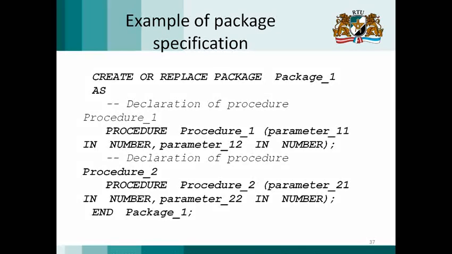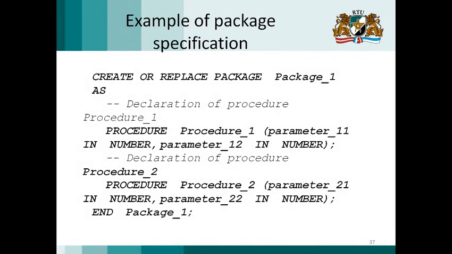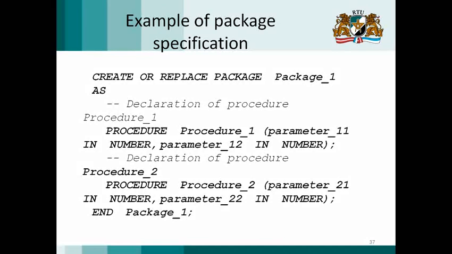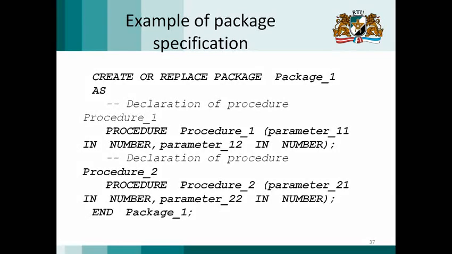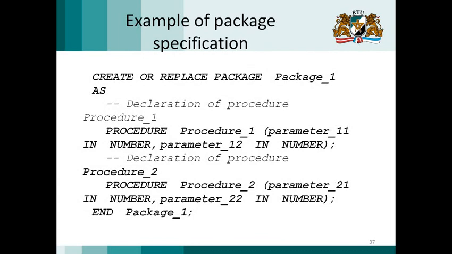So, in this case, we show, it can be seen that we use this procedure, for example, procedure 1, we define these parameters, but there is no procedure body. There is no logic of this procedure, only the header of these procedures and functions.